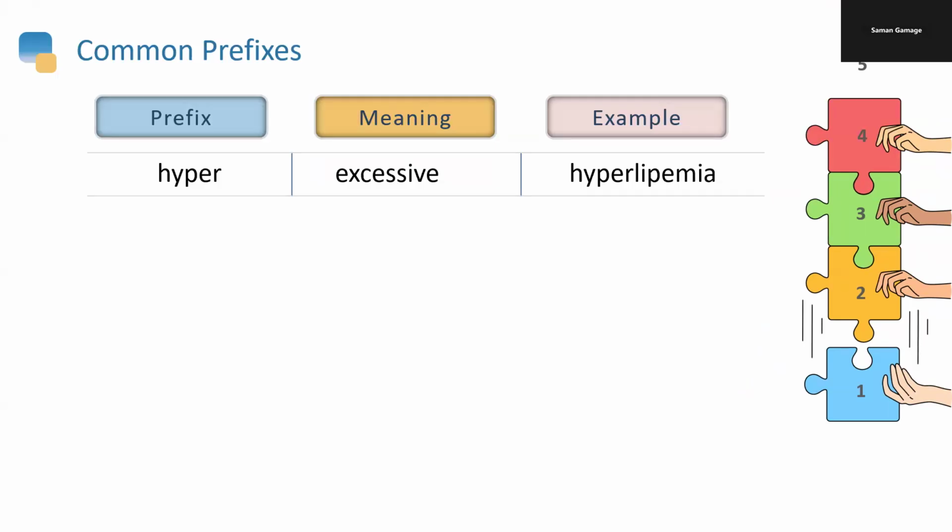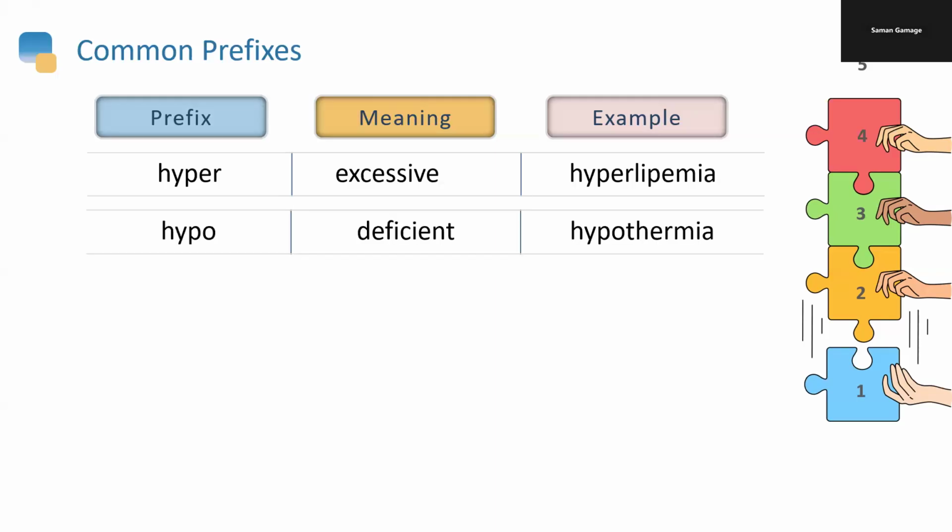Hyperlipemia, we already know about this term, presence of excessive fat in blood. Hypo means deficient. Hypothermia is when the body temperature is less than normal. The normal body temperature is 98.4 Fahrenheit. If it is less than normal, it is called hypothermia.